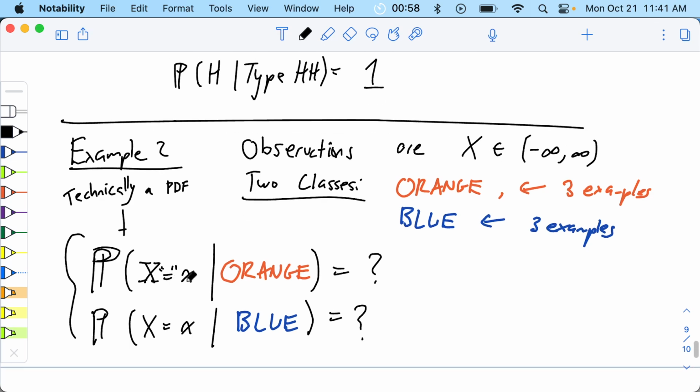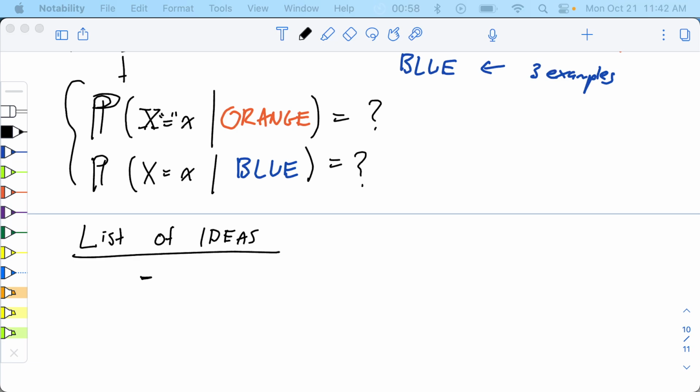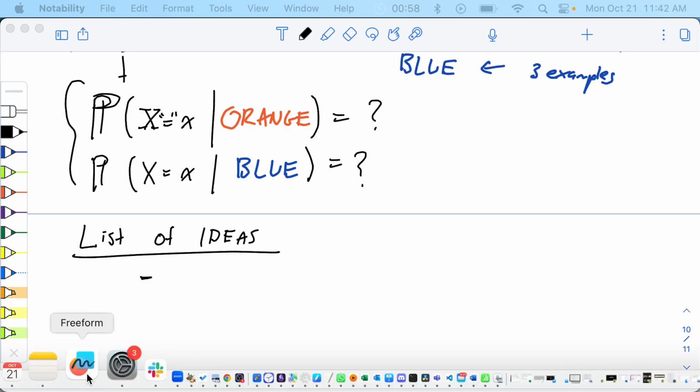Let's brainstorm. Let's come up with a little list of ideas. And we'll put them here. Did I make a word cloud for this? I might have. Okay, so let me go to mathematize, and you guys tell me your ideas.